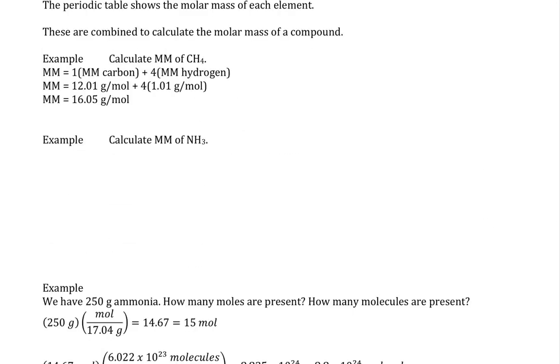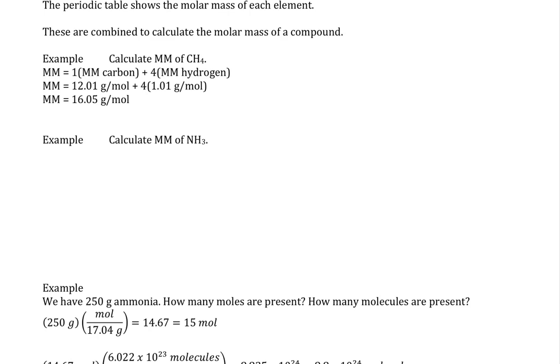The periodic table, as we've talked about, shows the molar mass of each element. They are combined to calculate the molar mass of a compound. For example, let's calculate the molar mass of CH4. So that would be the molar mass of 1 carbon plus 4 times the molar mass of hydrogen.